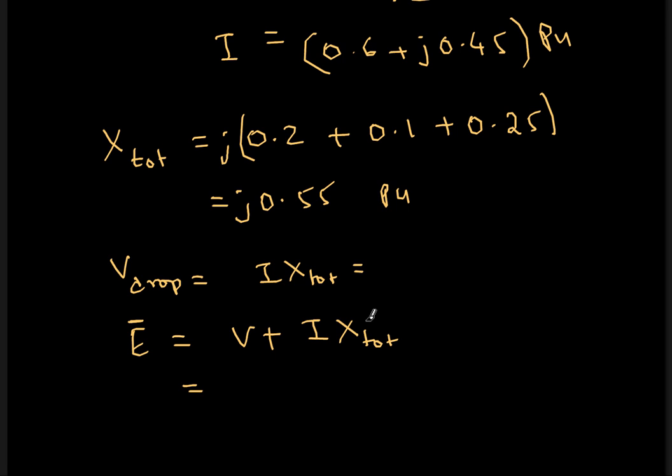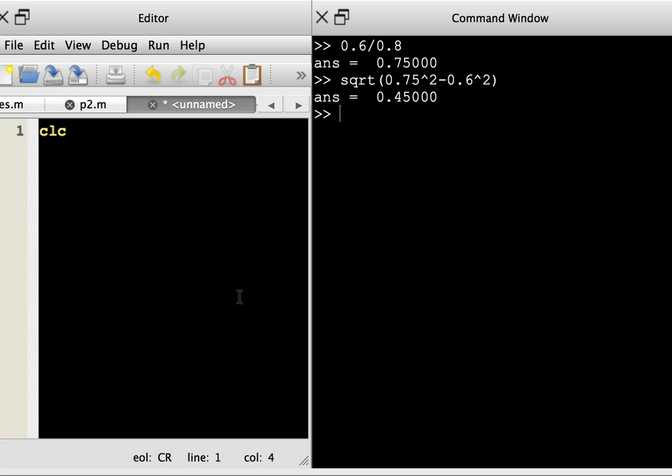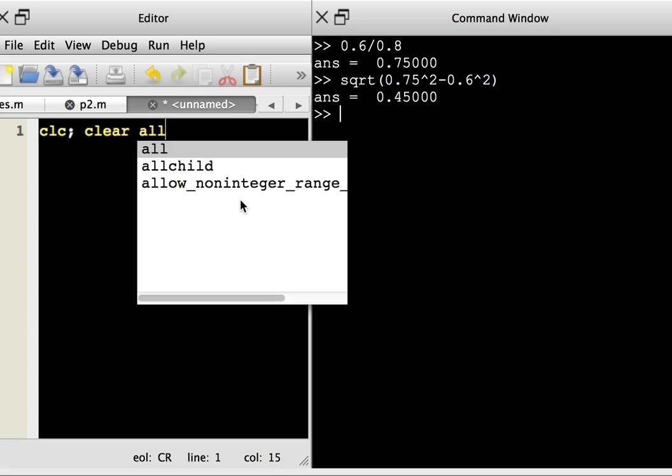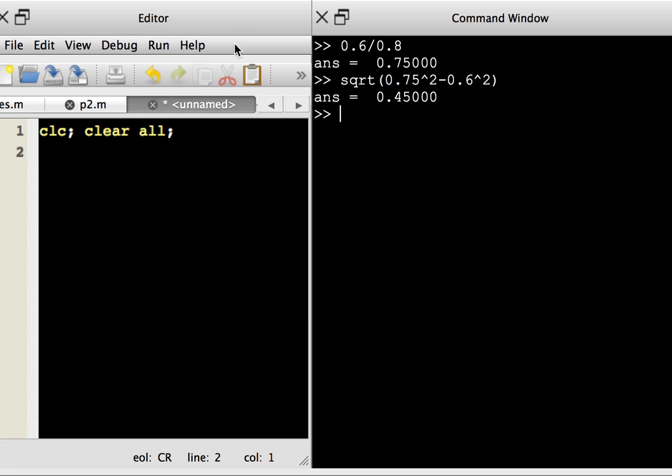Let's calculate that. I go back to my programming environment. I'm writing simple code on the left here.